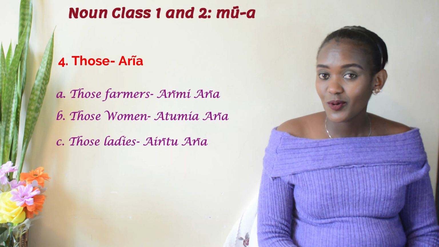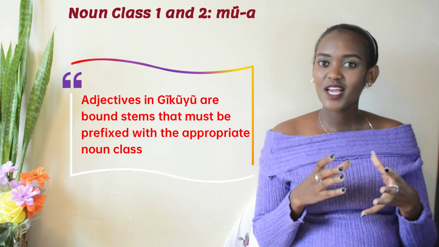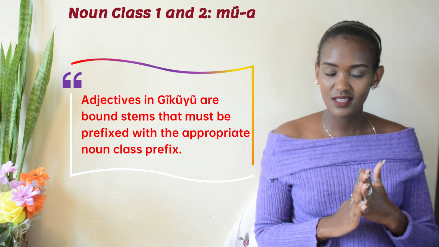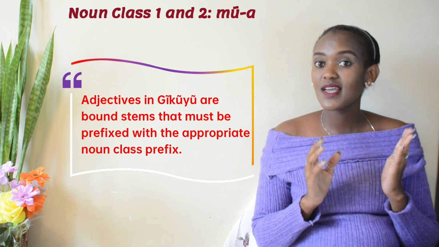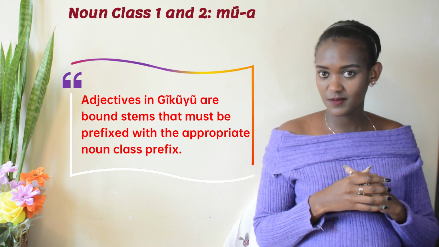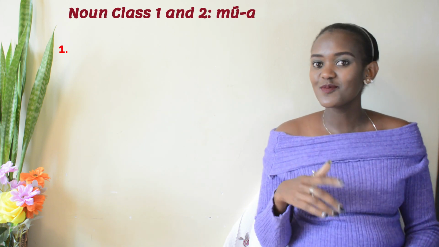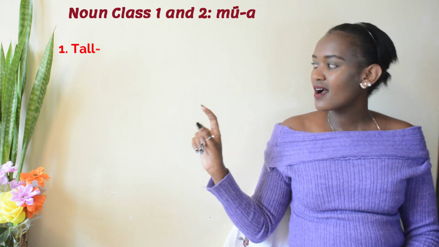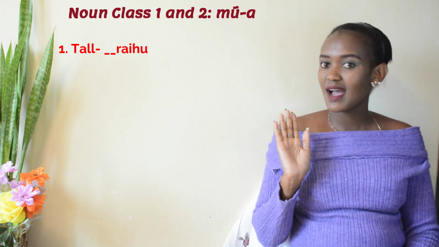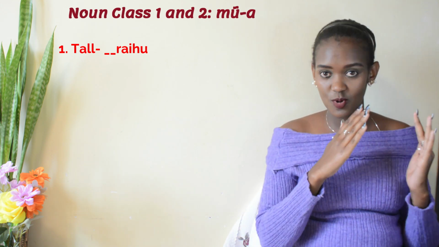Now we are going to look at a few adjectives, and sometimes when you want to speak Kikuyu with these noun classes, it is very easy, because if you know the adjectives, for example, if we had the adjective tall, I always use tall because I'm very tall. So tall, we have a dash and then raihu, so that you can add something there that can fit the noun that you're describing.